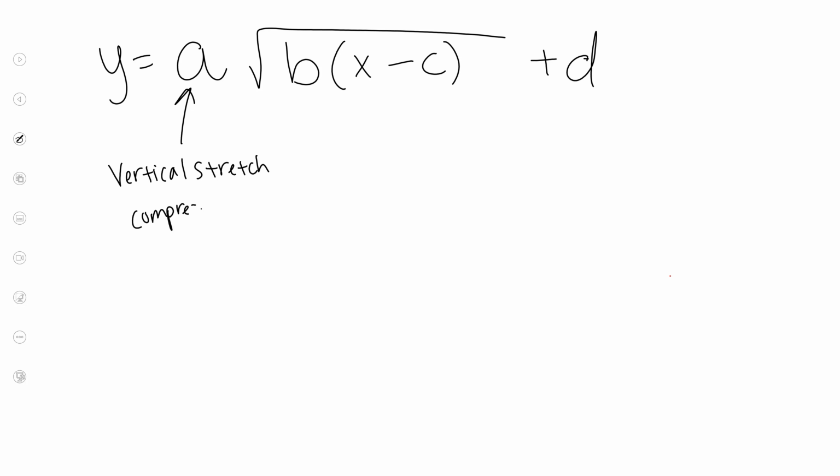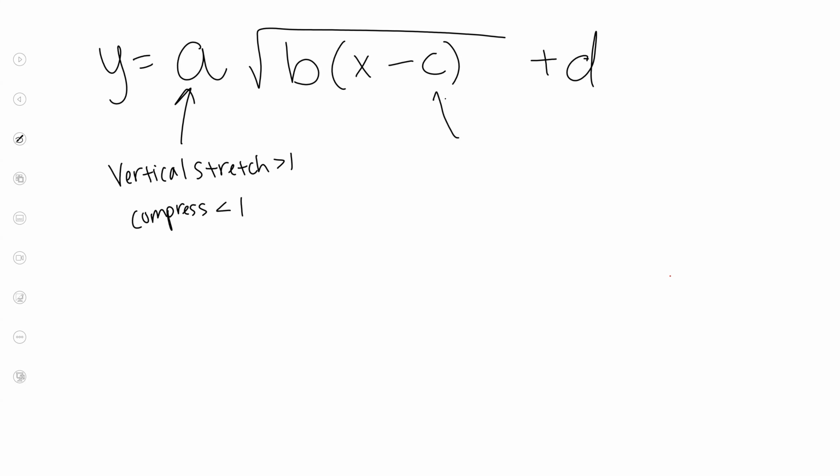Okay, guys, how do you know if it's a stretch or not? If it's greater than 1. So if it's greater than 1, it'll be a vertical stretch. If it's less than 1, it'll be a vertical compress. Okay, we already know this. We wrote this down yesterday.